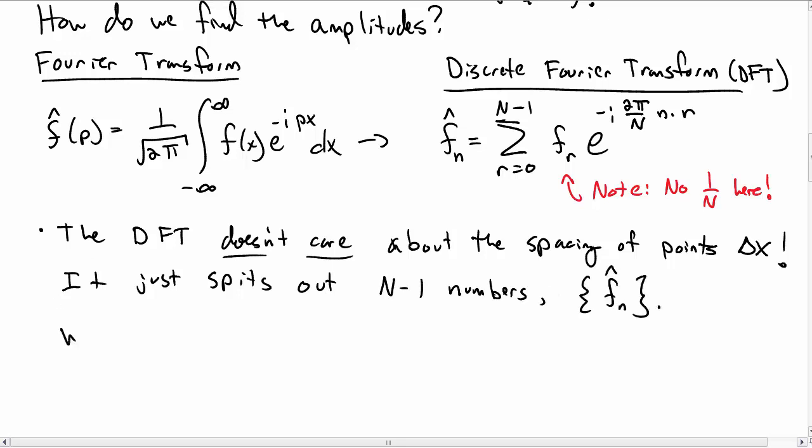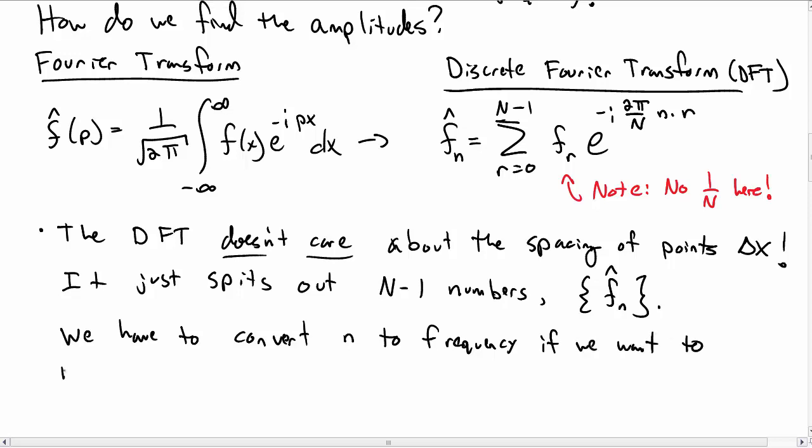And we have to do something with that in order to interpret it. So in particular, we're going to have to convert the integers, these n's, to frequencies, or angular frequencies, if we really want to make sense out of what we're getting from this calculation. And that's what we're going to do in future videos.